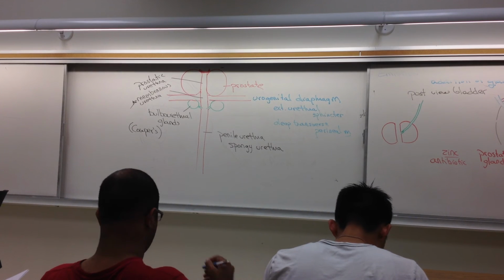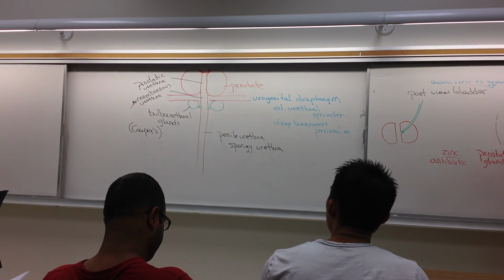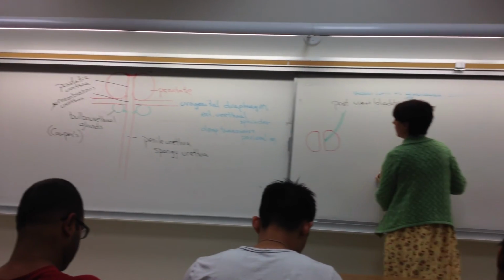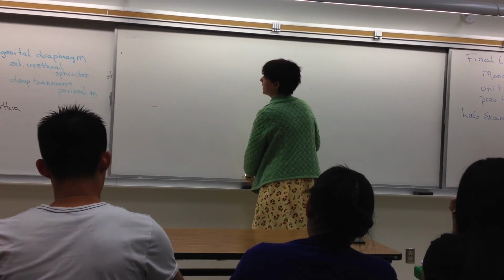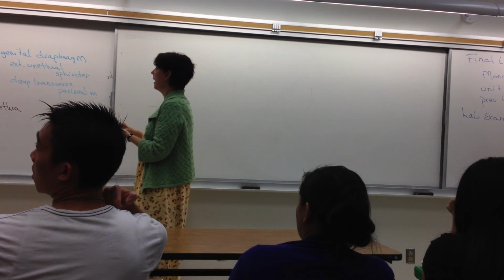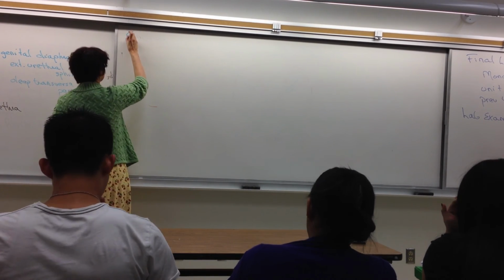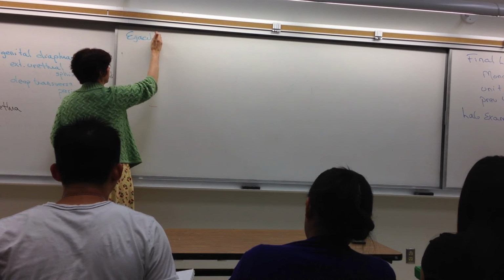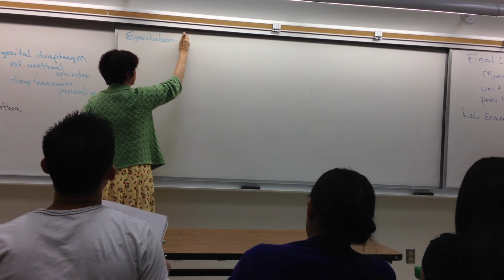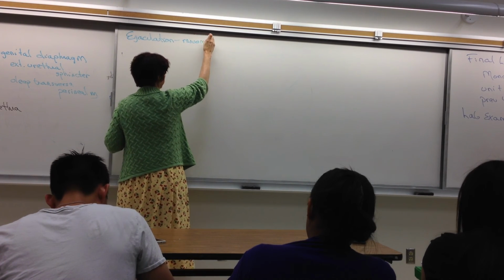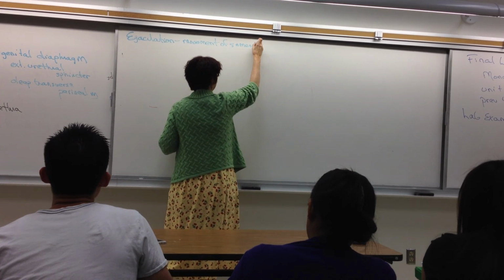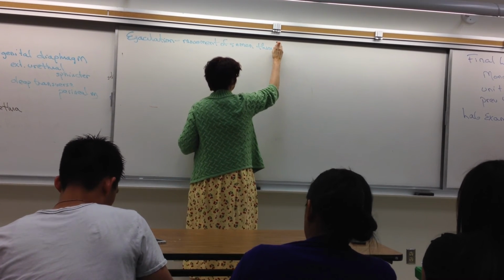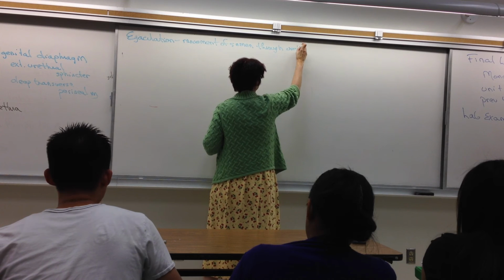But as sperm moves into the urethra, remember emission was movement of sperm and secretions into the urethra. Ejaculation is the movement of semen, which is the sperm and its fluid, through the urethra.